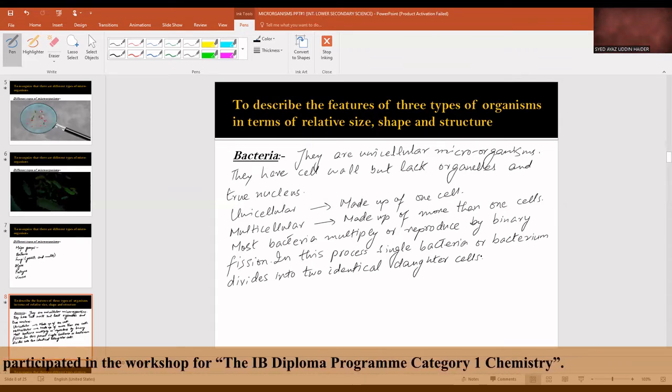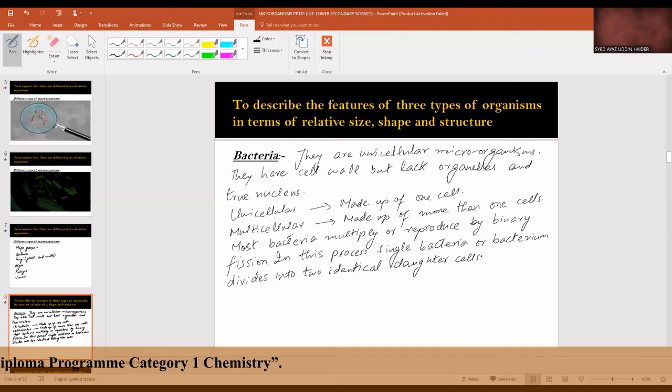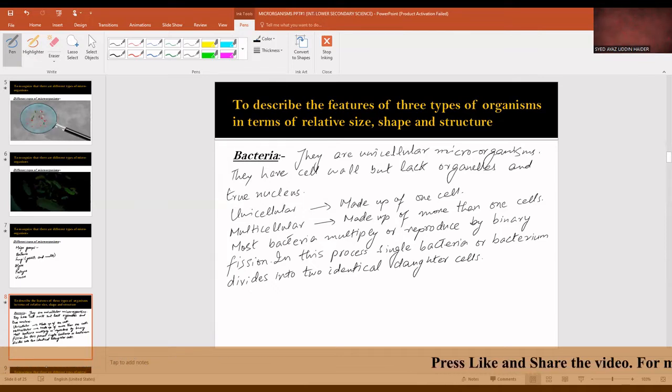Binary fission begins when the DNA of the bacterium divides into two. That's, we can call it, replicates.